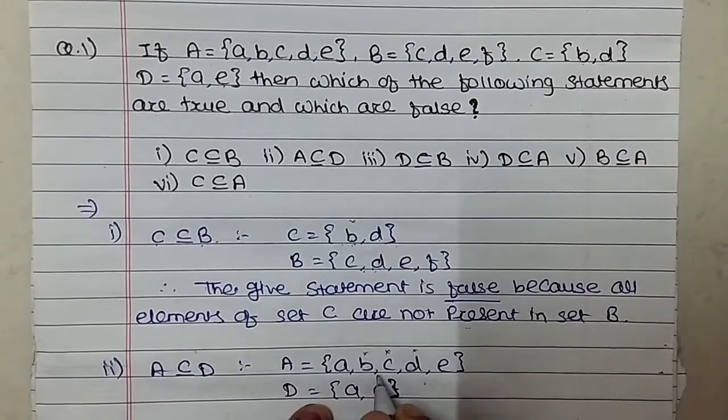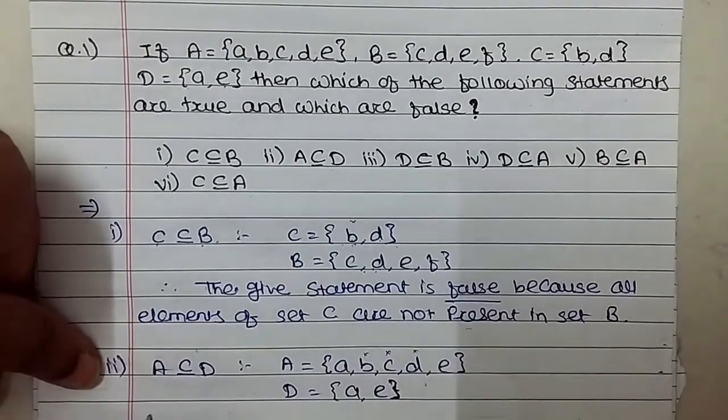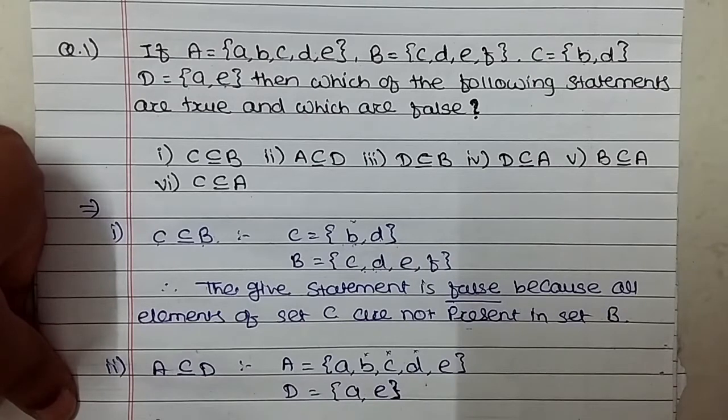Only E is present. That means there are three elements which are not present in D. So is A a subset of D? No, it is not a subset of D.